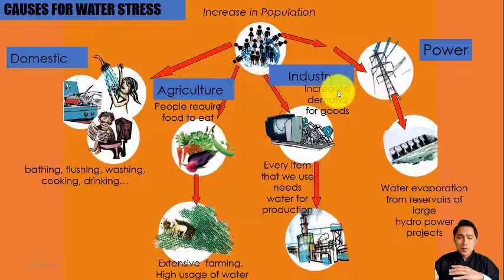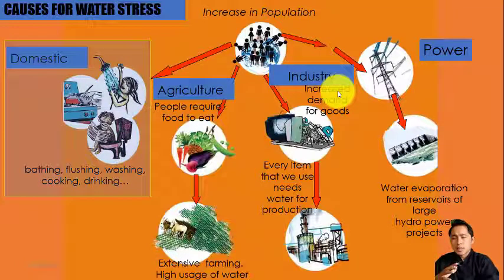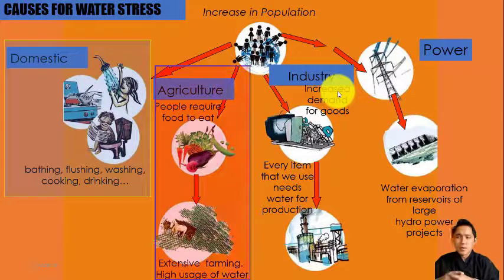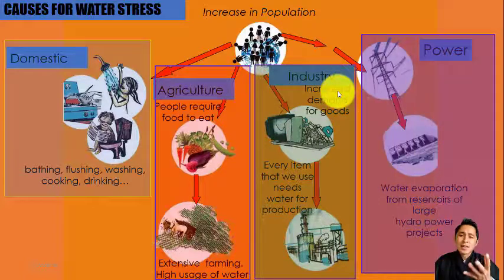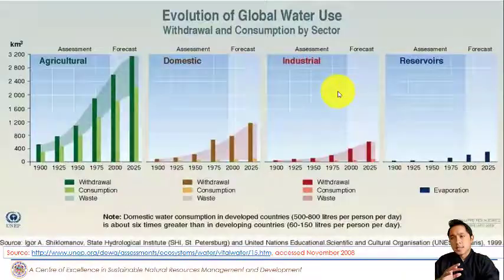Secondly, though they have taken the water for their purpose, they are reserving it where lots of evaporation can take place from the reservoir. So these are the domestic, agricultural, industrial and power purposes that are making water have issues in terms of demand.